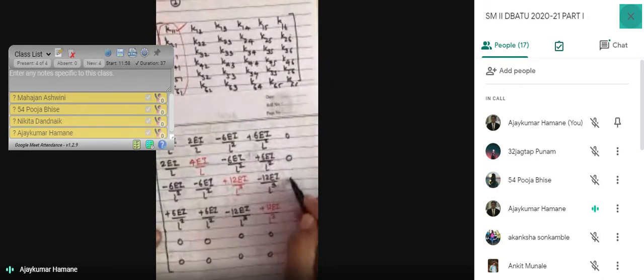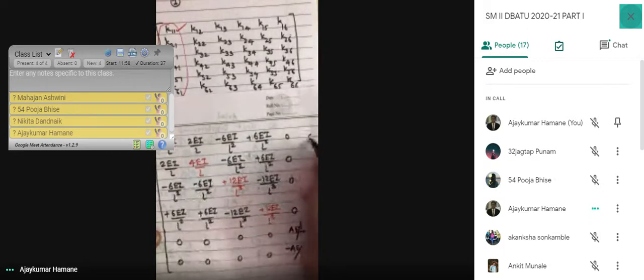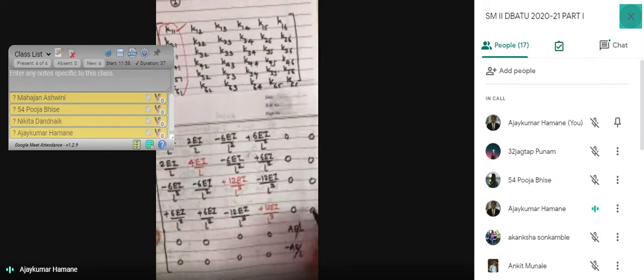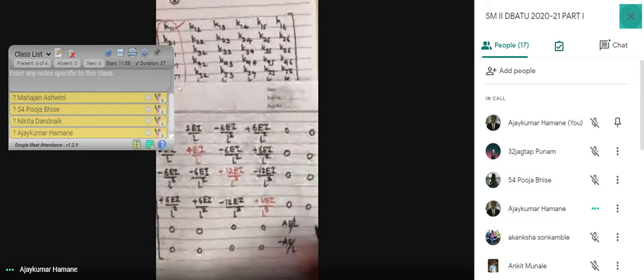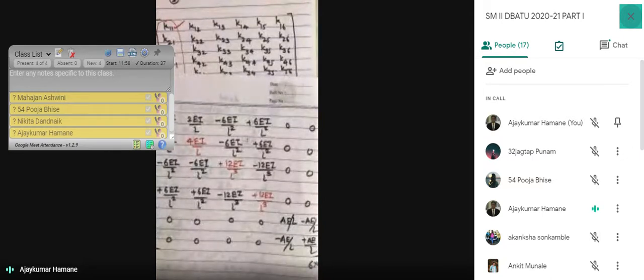K51 0 0 0 0. Only we have A by L, minus A by L. And in 0 0 0 0, minus A by L plus A by L. So this is what our 6 by 6 matrix.